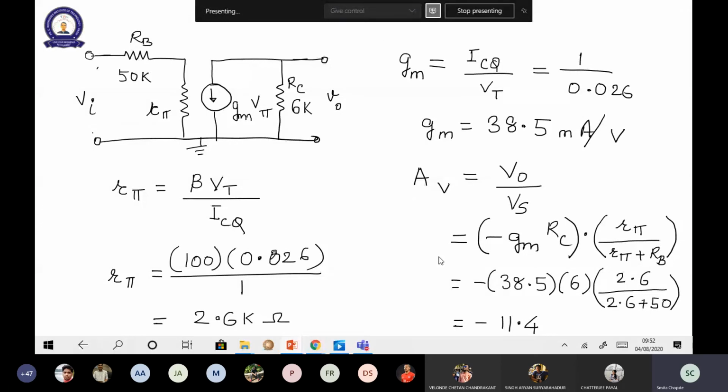But we are not interested in that configuration. We are interested only in the common emitter configuration. So there is a phase reversal of 180 degrees between the output voltage and the input voltage. There will always be a phase relation. Fine. Can I go ahead?